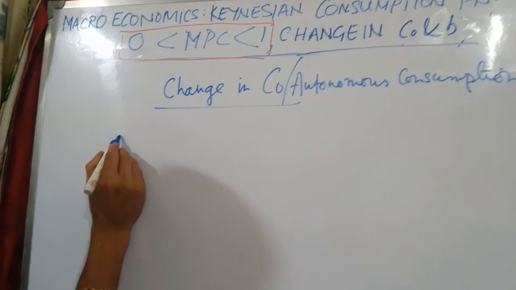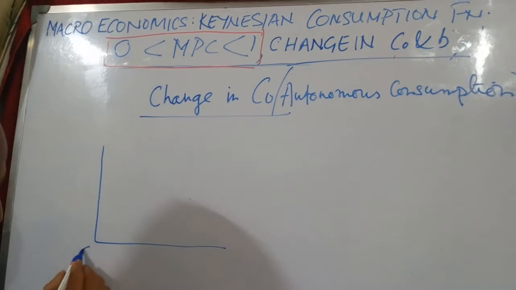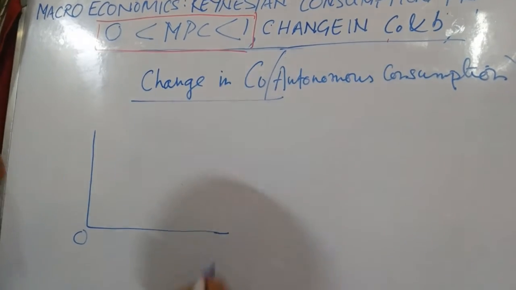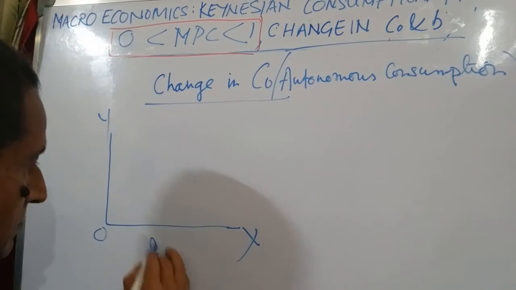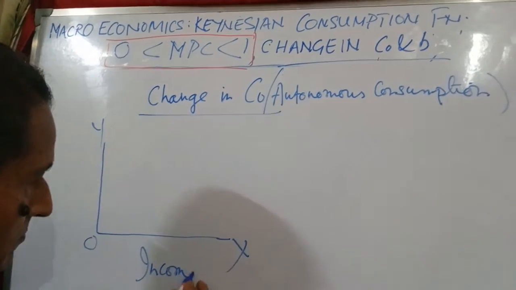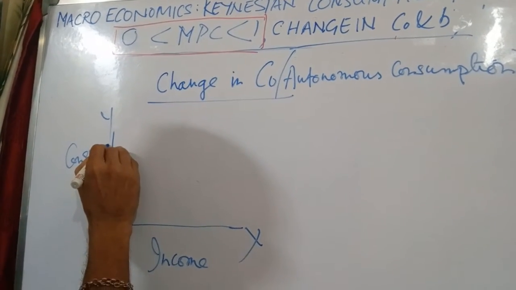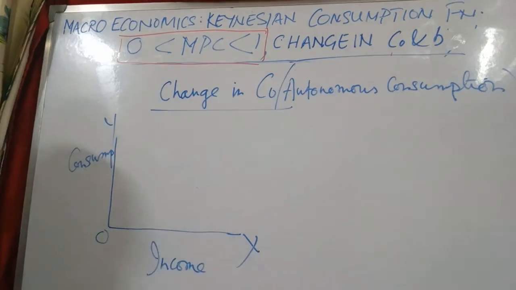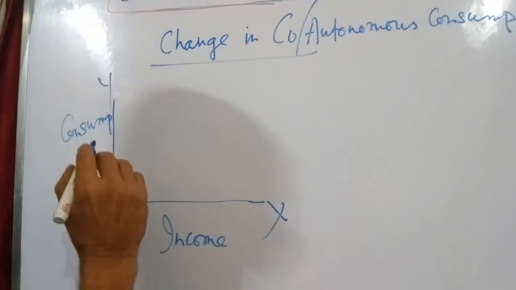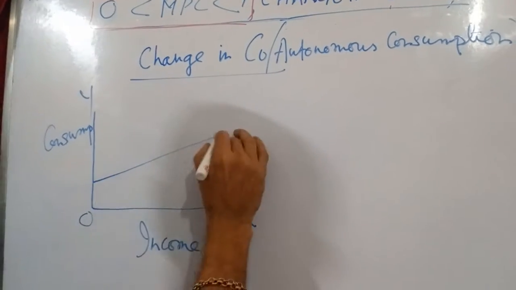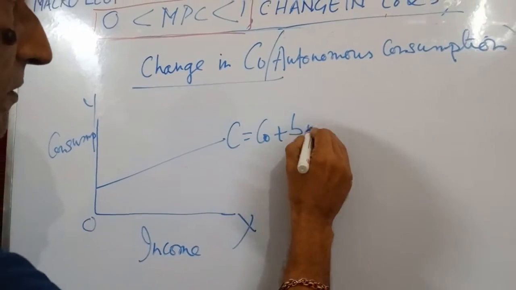You see, on x-axis we measure income and on y-axis we measure consumption. This is the consumption line, C equals C0 plus BY.